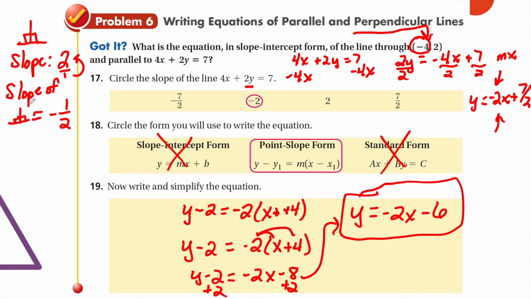So the slope of the perpendicular line would end up being negative 1/2. Now for this problem right here, we see that their slope was negative 2, so our slope of our perpendicular would turn into a positive 1/2, because we're changing the sign from a negative to a positive.